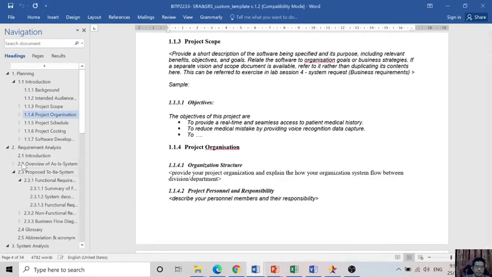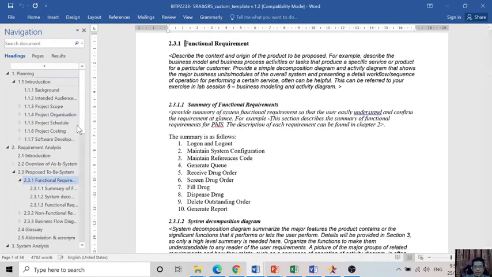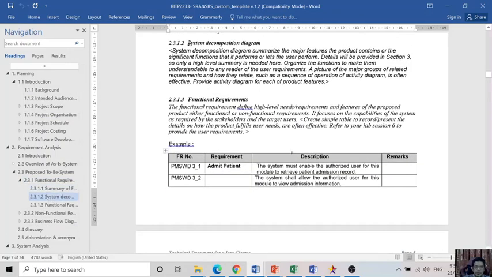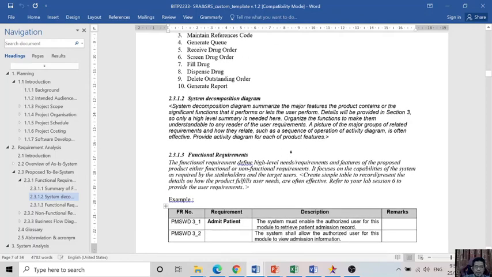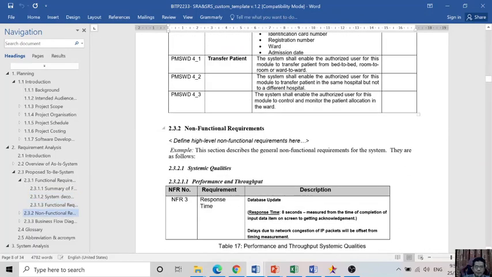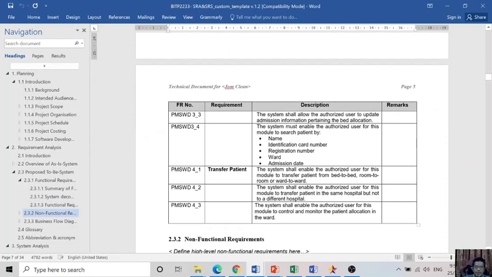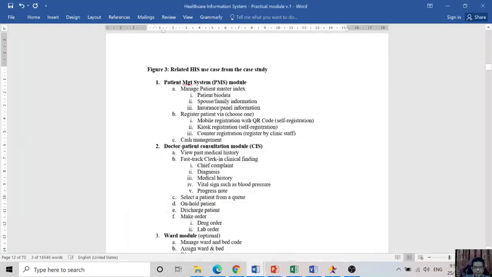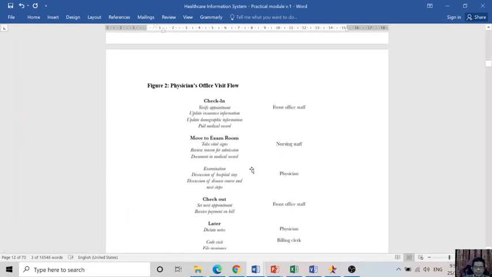Put it under functional requirement. List all the requirements, and then list a detailed requirement for each of the modules, like this one. I think that's it for lab 1.